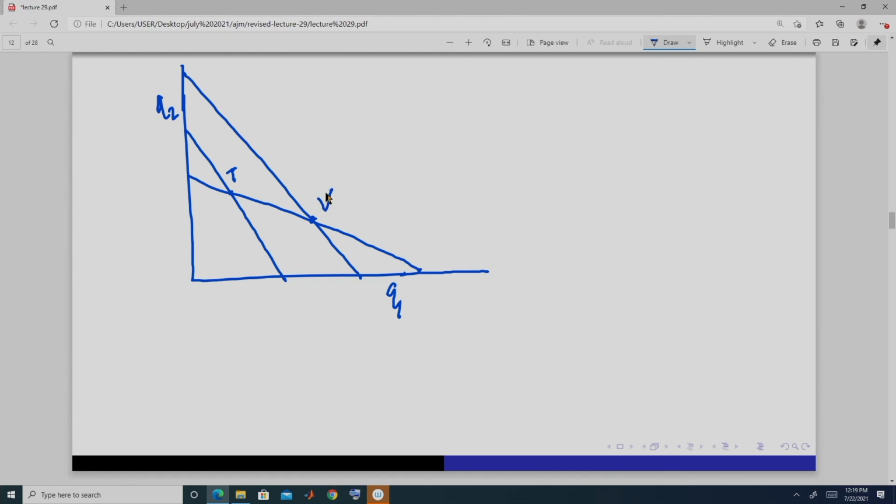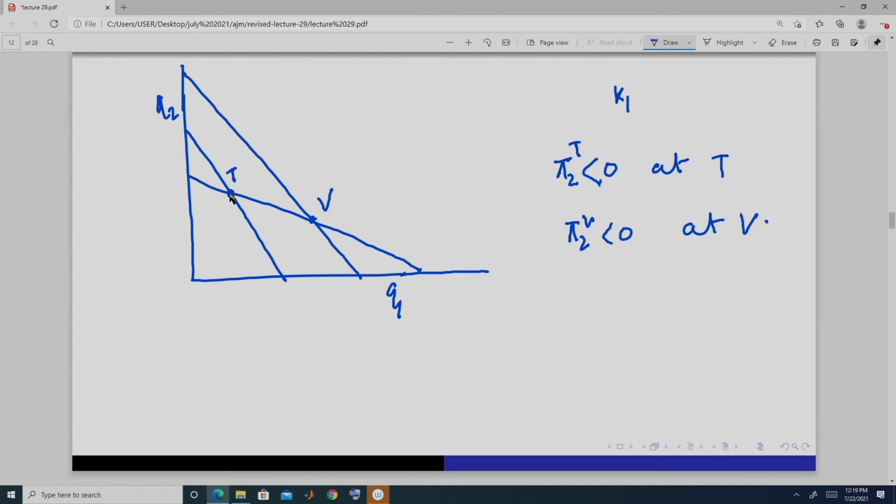Farm 1, while doing this calculation in stage 1 while deciding K1, will see that profit of farm 2 here is 0 at T. Again this is also 0 at V, right.